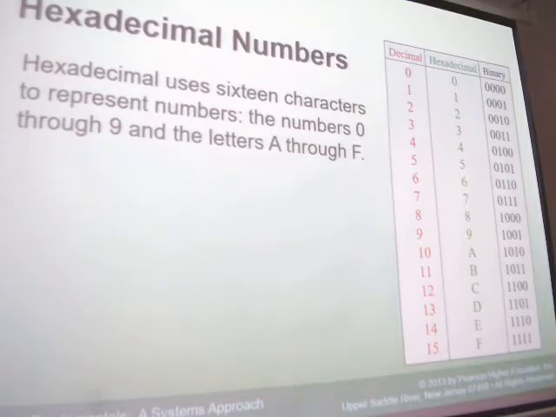This is the point, and this one is a binary number.